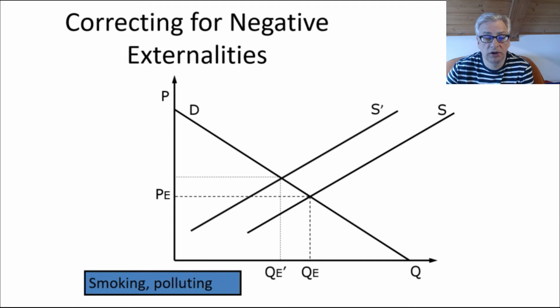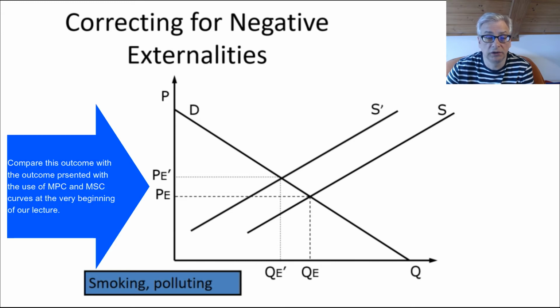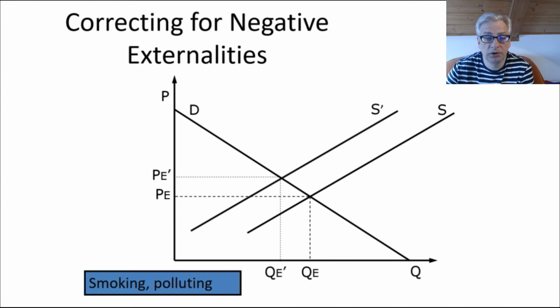As you can see, quantities are smaller, prices are higher. So this is how we correct for negative externality. We make the market see the externality by including this externality into the Pigovian tax.